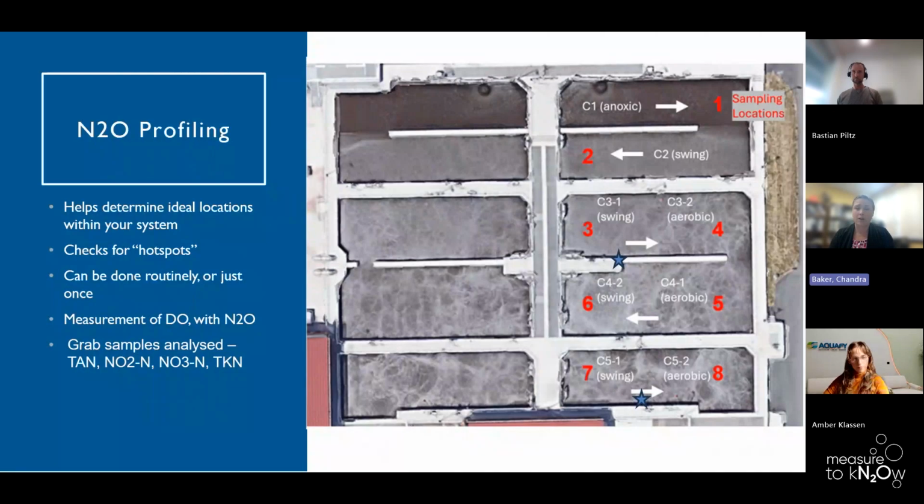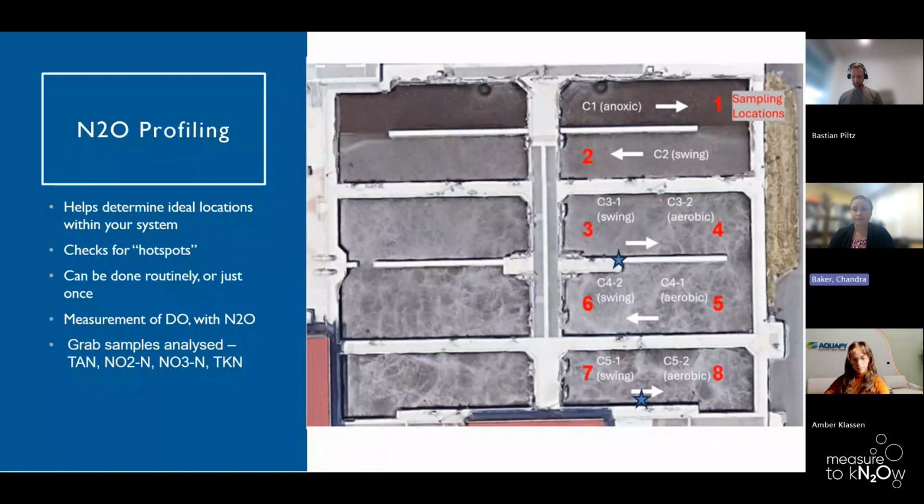We're looking for hotspots, and during our study, we did this measurement 4 times throughout the year, as well as measuring our DO, our ammonia, nitrite, and TKN. This allows us to really understand what is happening with the nitrification, denitrification cycles, as well as understanding what may be influencing the data that we are collecting.